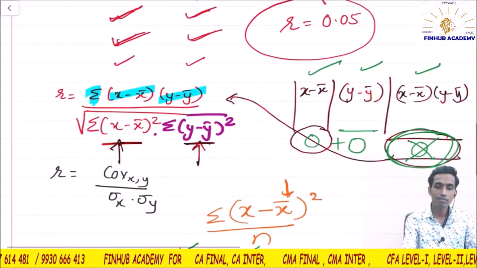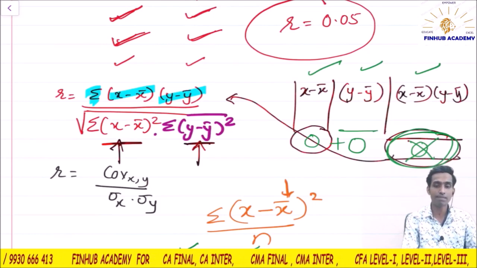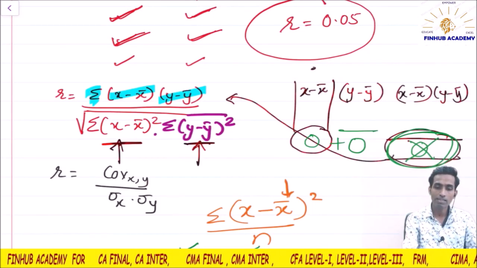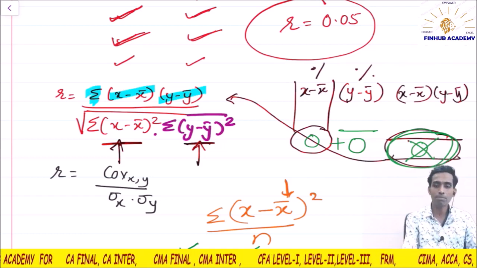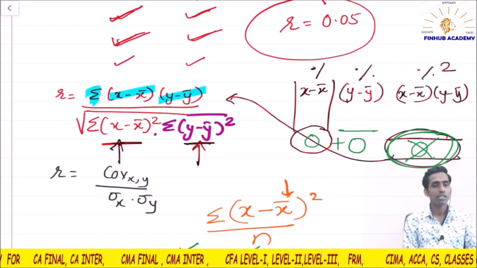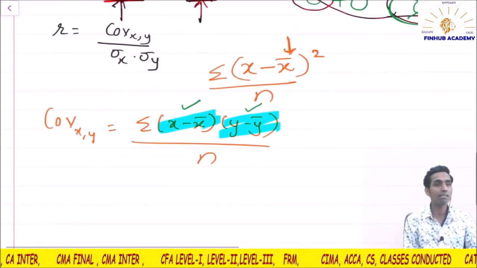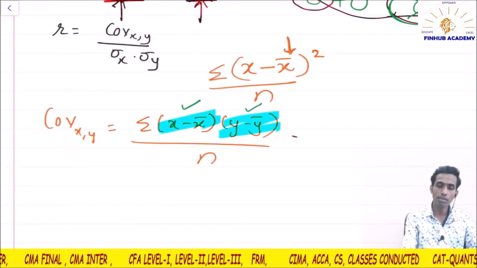If x is in percentage, x minus x bar will be in percentage, y minus y bar will be in percentage. If you multiply, you get percentage square. You are dividing by n, which has no unit, so obviously this will be in percentage square.